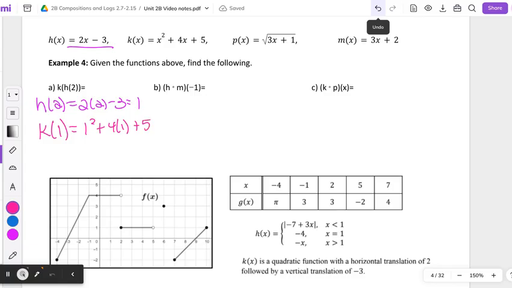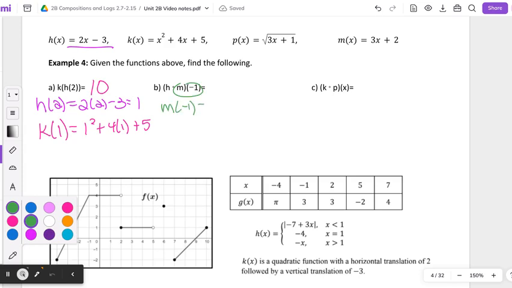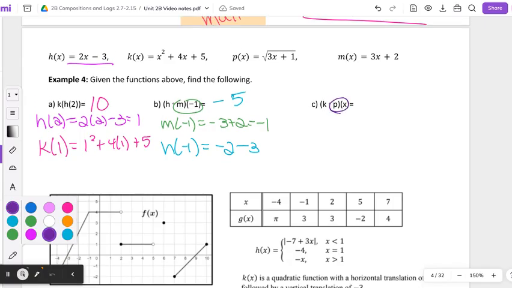So it looks like that's going to be 10. Okay, moving on. So now we start m of negative 1. So negative 3 plus 2, negative 1. That goes into the h function. Looks like negative 5 is the output.